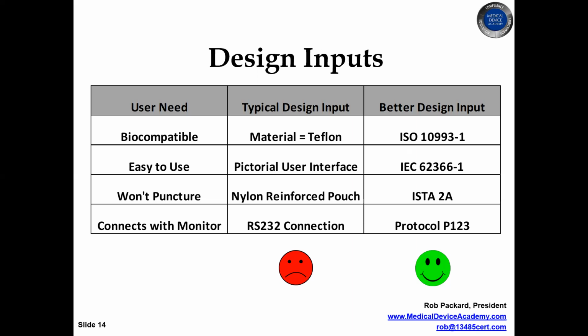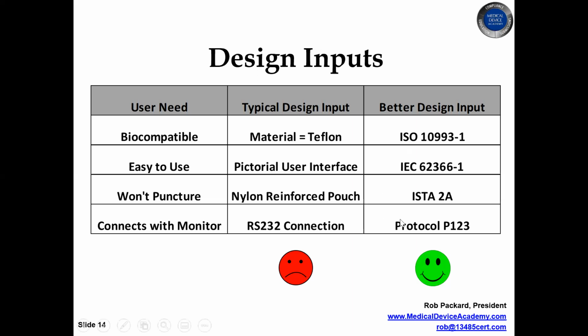So when the user need is, I have to provide power to the device in order to operate it, your design input is it has to provide this much current and this much power over this circuit. And then your output is the actual circuit and all the components in it. So that's the difference between a poor design input that I see a lot of times and a much better design input where you list a test.